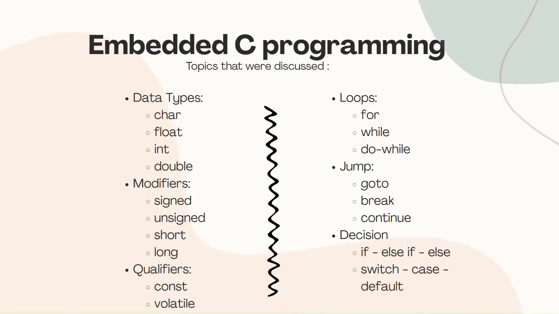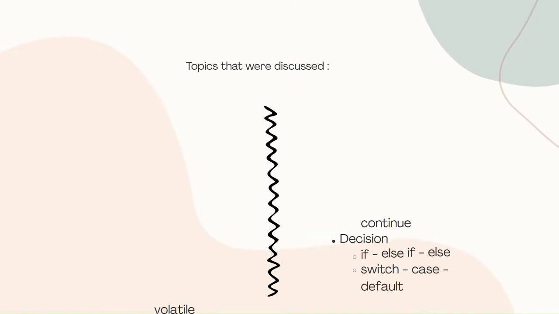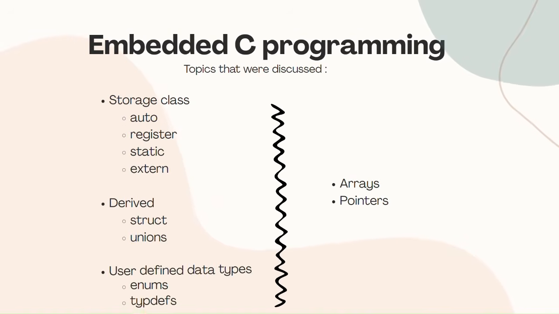Now, in our washing machine simulation project, we have to perform a specific function based on the washing program as well as the water level selected. So for these conditions, we have to have conditional statements and we have used if and else and also switch case and default. And then we learned about storage classes such as auto, register, static, and extern.